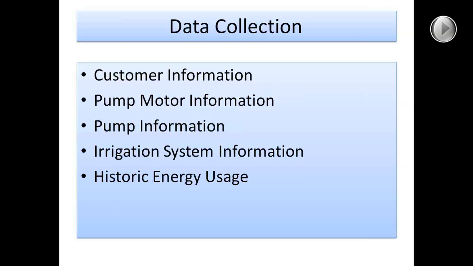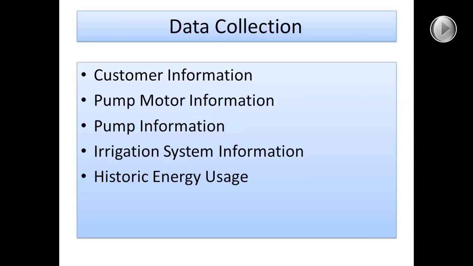The other thing that we collect, besides the pump motor and pump information, is information on the irrigation system itself. That way we can compare how the pump is supposed to be operating based on what it's pumping to, maybe compared to how it is operating, and that gives us an idea as well. And then the other thing that I like to look at on my projects is the historic energy usage of the pump.